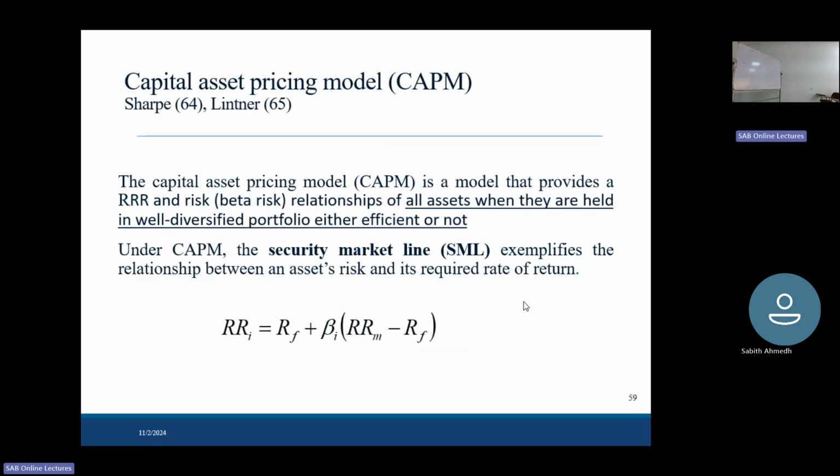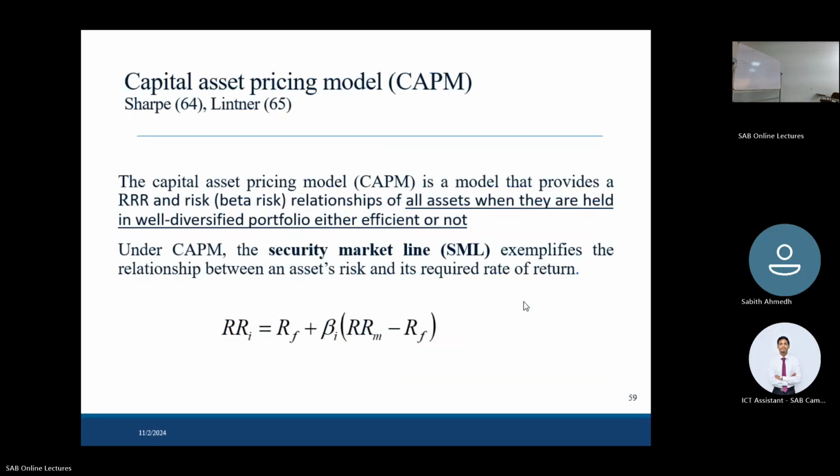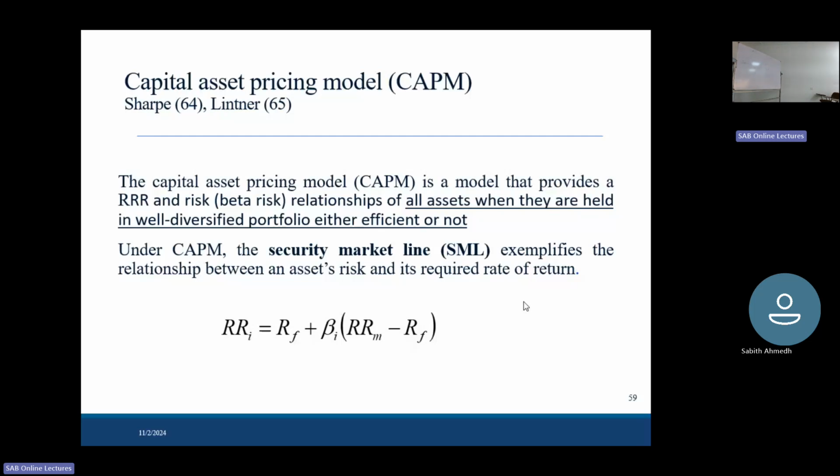You can apply this. So what is CAPM? CAPM is a model that provides the required rate of return and risk. The systematic risk here is defined as beta risk.